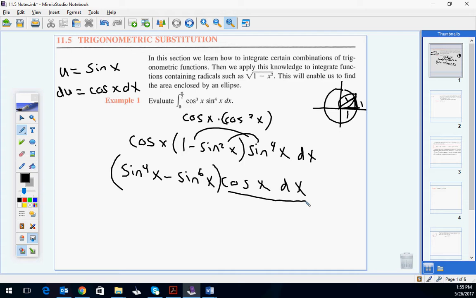Because these are bracketed, don't forget, I'm going to have u to the fourth and u to the sixth. Does that make sense? So my substitution now will be u to the fourth minus u to the sixth du.